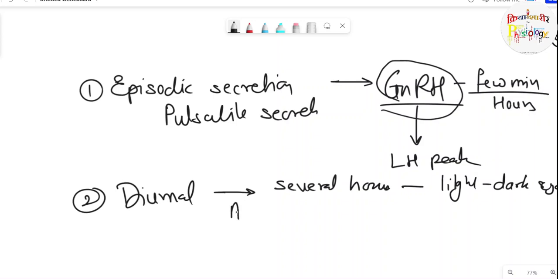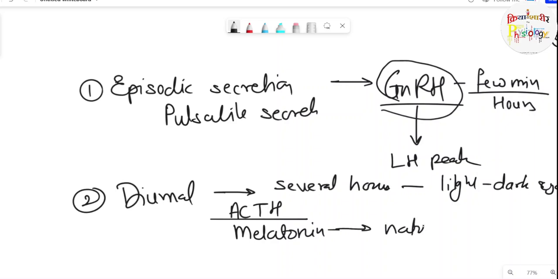Example is ACTH, which increases in daylight, and the second example is melatonin. In darkness, melatonin secretion increases in our brain, which leads to natural sleep.